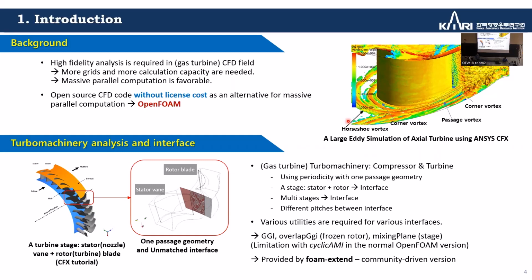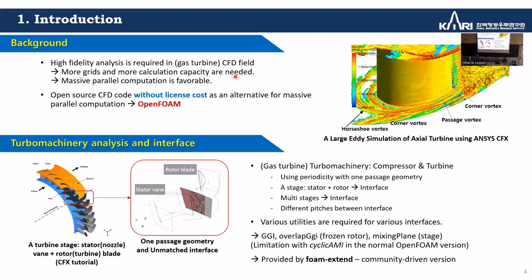Massive parallel computation is favorable, but using commercial code is a financial burden. So we thought open source CFD code is necessary because it is a license-free code, so it can be the alternative method. We chose OpenFOAM, which is very well known as open source CFD code.